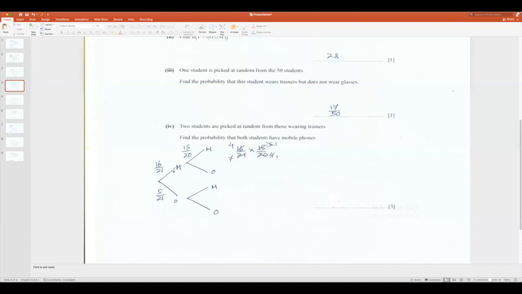Then we multiply the probabilities, 16 over 21 times 15 over 20. We can simplify this: 3 times 7, 3 times 5, then 5 times 4, 4 times 4. So 4 over 7 is the answer.